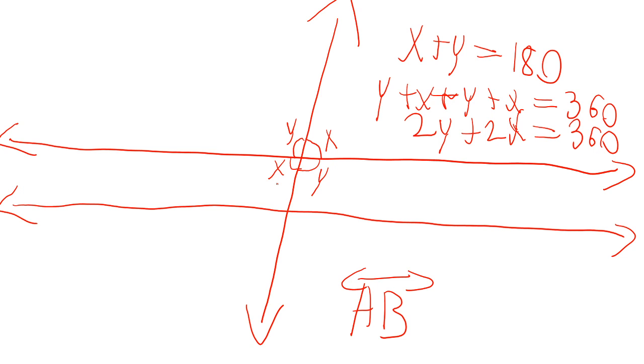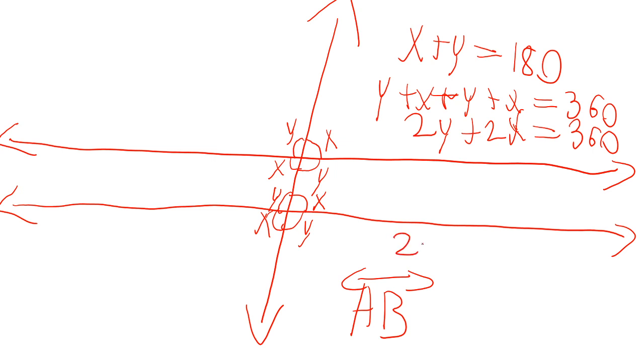Now, in transversals, if this is a setup on top, on the bottom we have the same exact thing. So this is x, and this is y. Here, this is y, and right here we have x.